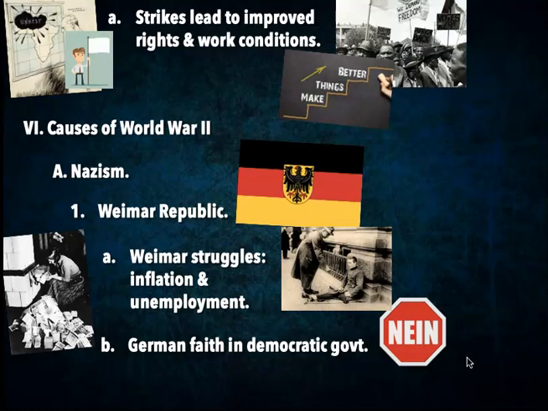And so some Germans did begin to lose faith in whether the Weimar Republic is the best approach for Germany going forward into the future. All right, which coincides with the rise of Adolf Hitler and the Nazi Party.